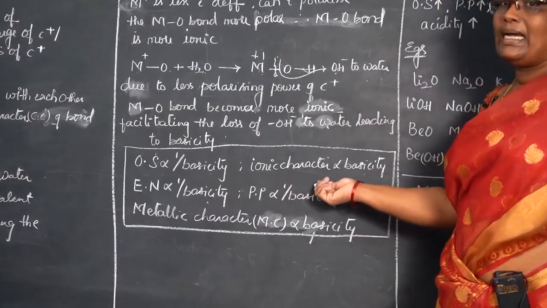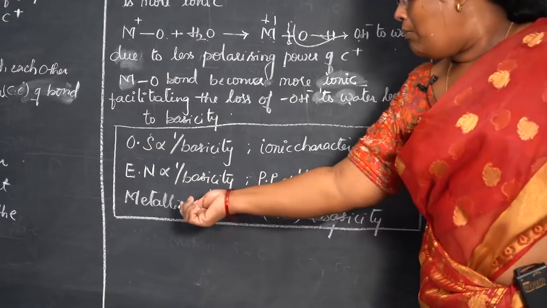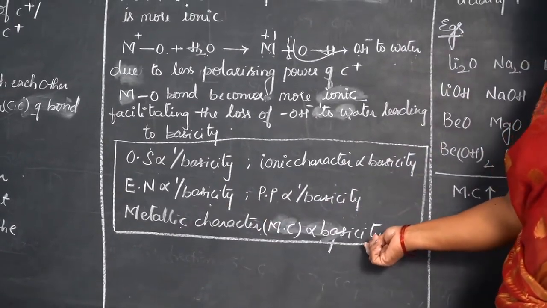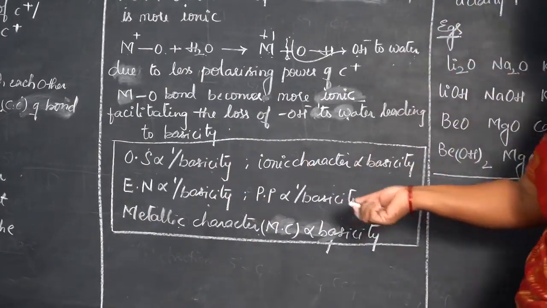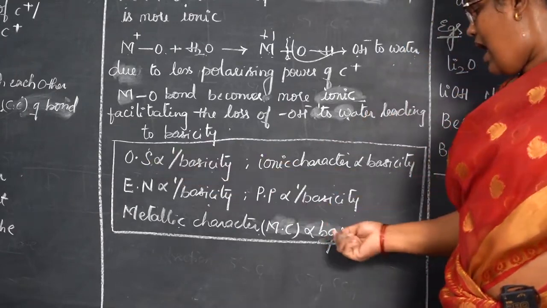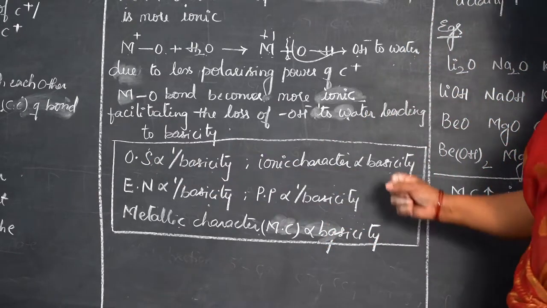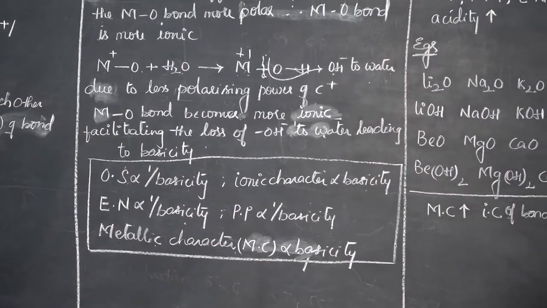Polarizing power of cation is inversely proportional to basicity. Metallic character is directly proportional to basicity. So depending upon the examples given to you, you can take any factor and correlate it to the basicity. Now let us work out these concepts on the examples.